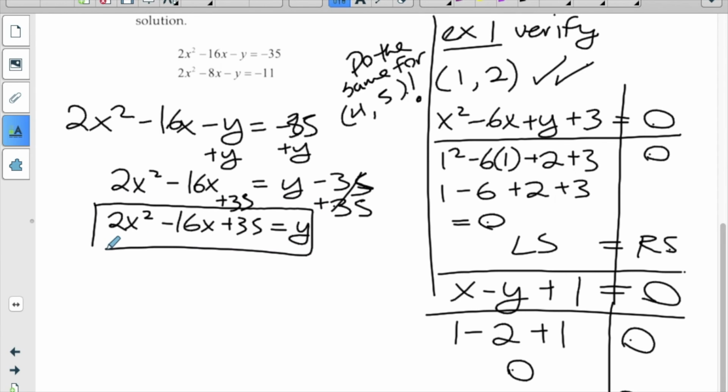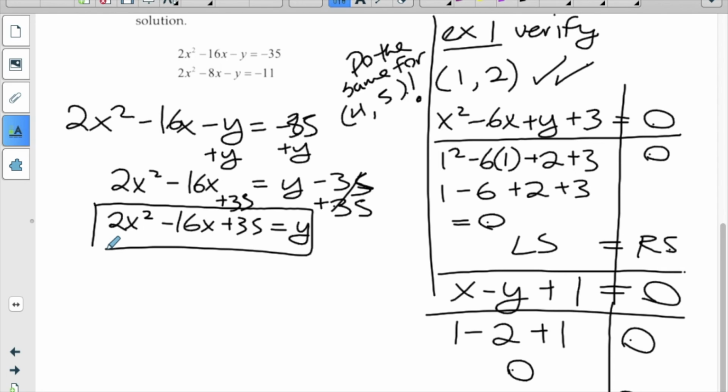There's one of them. And you may notice in this equation, what happened was that these two pieces of the equation flipped. The y moved over here, the 35 moved over here, and the signs changed. Yes? So let's do the same thing over here. Sound good?